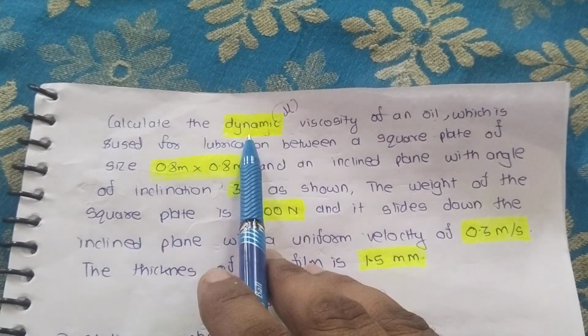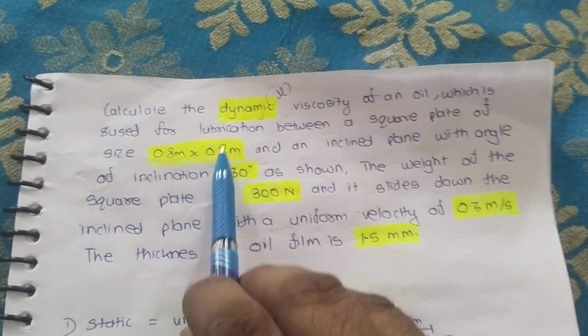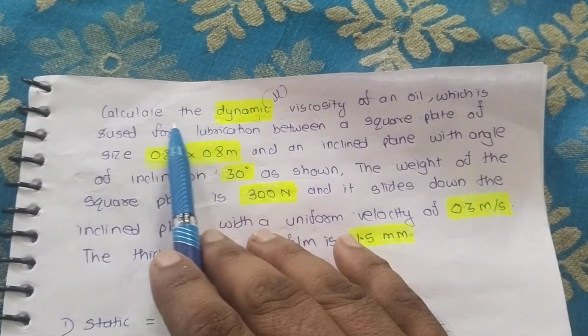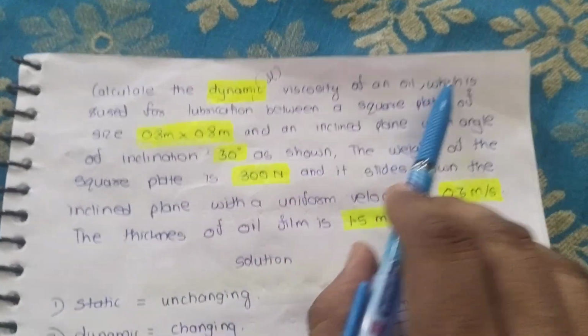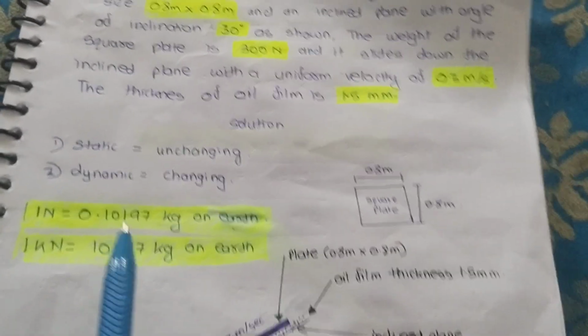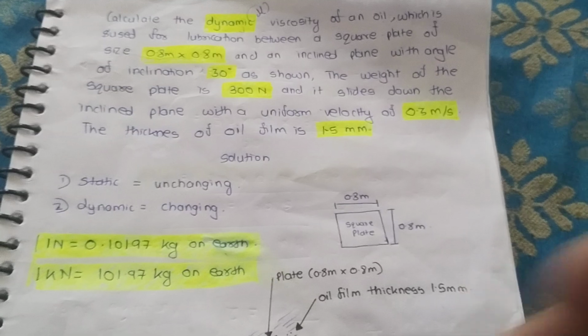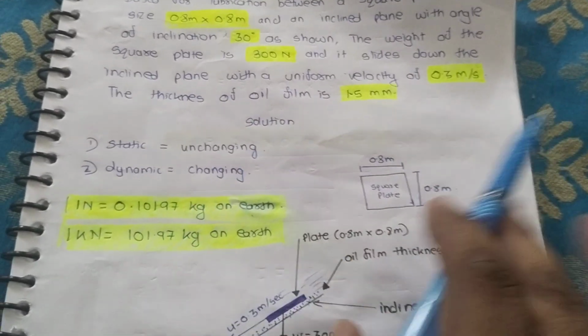So we calculate the changing viscosity of an oil. For the sake of understanding, we just have to understand the dynamic term. What is meant by dynamic? It's changing.